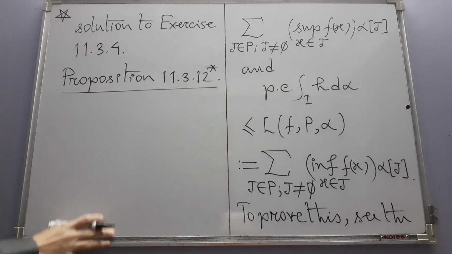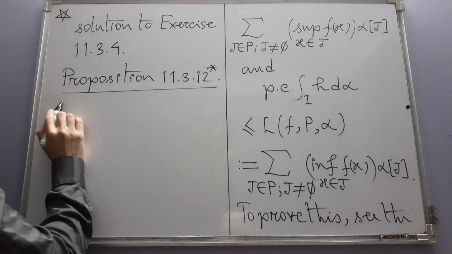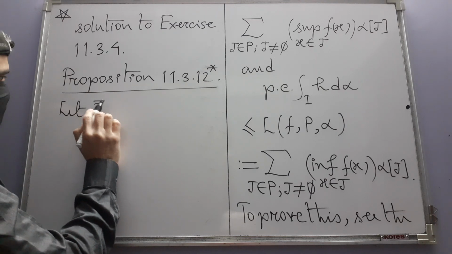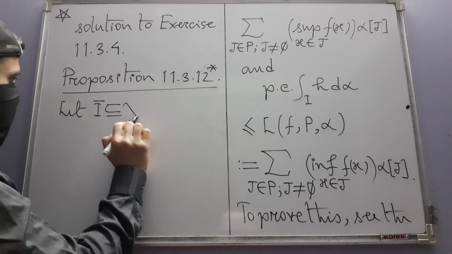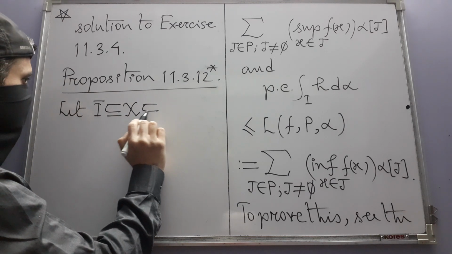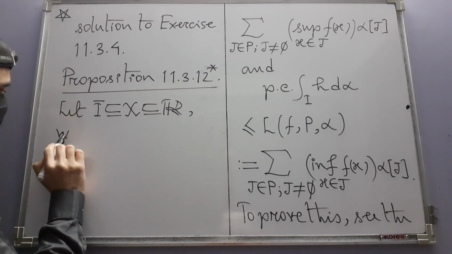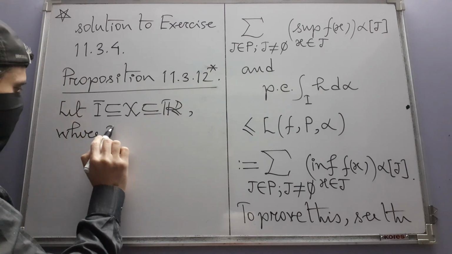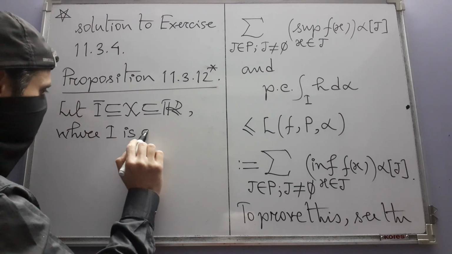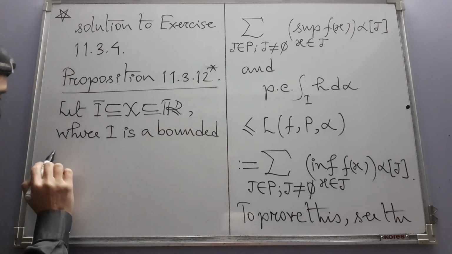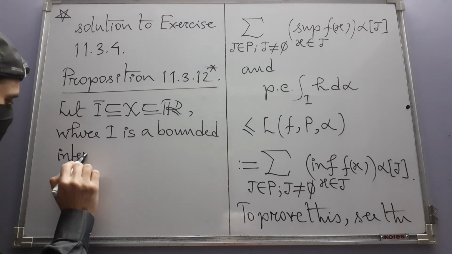This time we have to again repeat the conditions, there is no other choice. So the beginning is again the same. Let these containments be there, where I is a bounded interval.